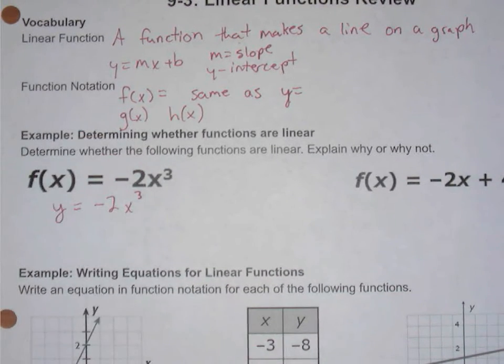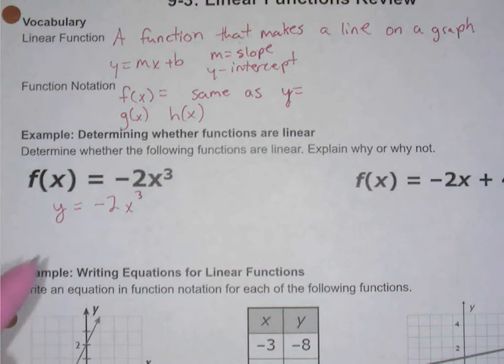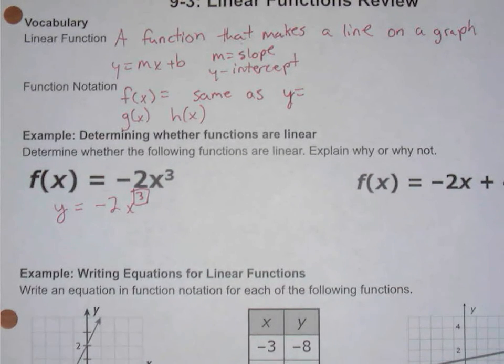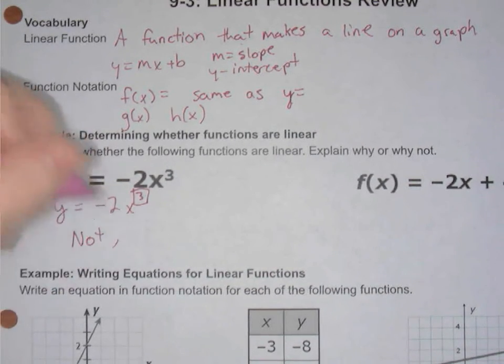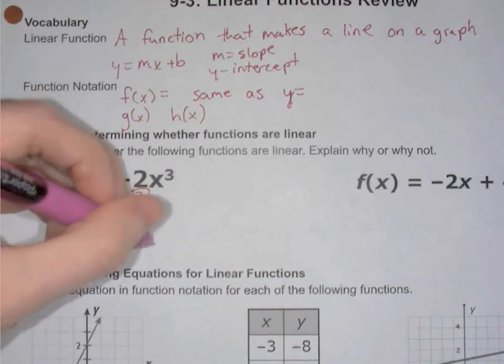And now we ask ourselves, is this a function that can be written as y equals mx plus b? Well, in this case, we have this exponent right there. And because this function has an exponent, there's no way we can get rid of it. It could never just be written as y equals mx with no exponent. So this is not a linear function, and that's because of the exponent.